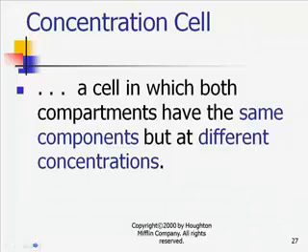And if you want to think of it this way, remember when we looked at osmosis and how we had the flow of our solvent particles through a semi-permeable membrane going from the more dilute into the more concentrated. And so there was this push to achieve equilibrium by getting the concentrations the same.